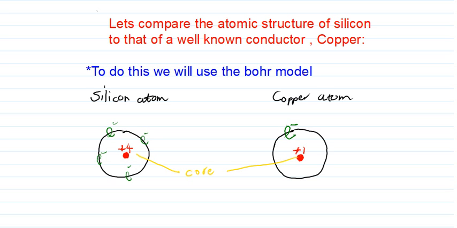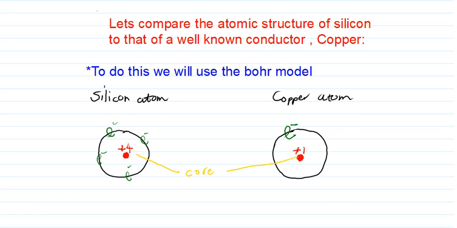So we are going to use the Bohr atomic model. We are going to look at the silicon Bohr model as well as the copper Bohr model. So in front of you, as you can see, we already have these two atoms. We have a silicon atom on the left hand side and a copper atom on the right hand side.